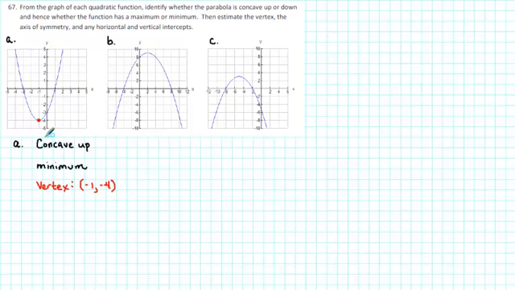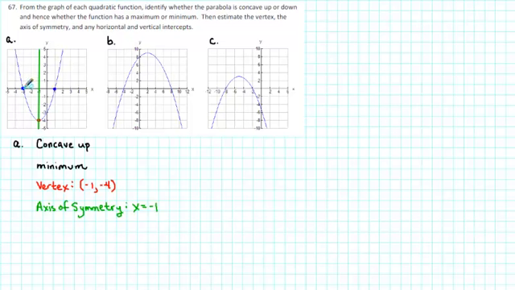The axis of symmetry is the vertical line that passes through the vertex. In this case, the axis of symmetry is the vertical line x = -1. Next, the horizontal intercepts are the x-intercepts.